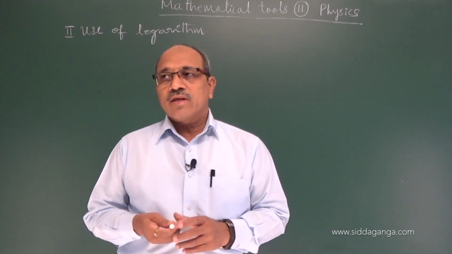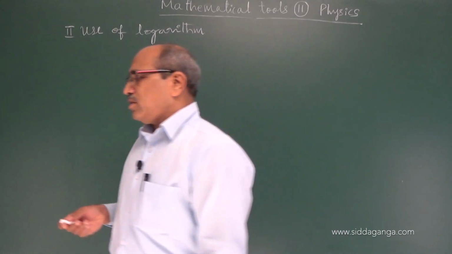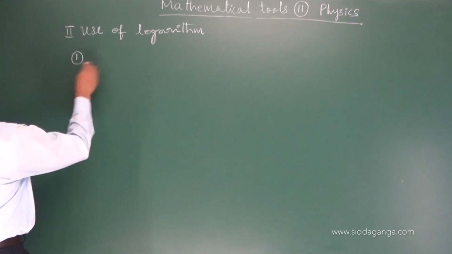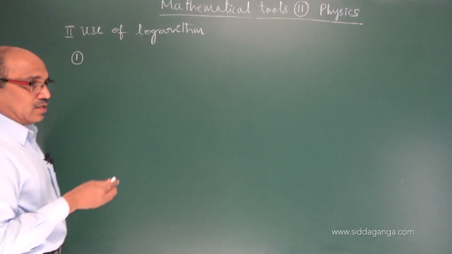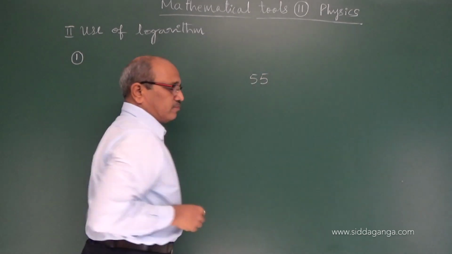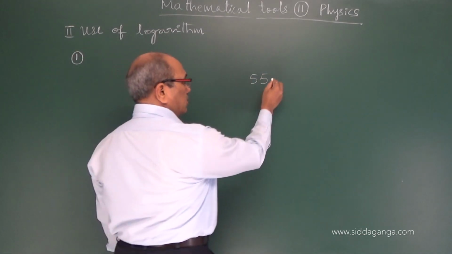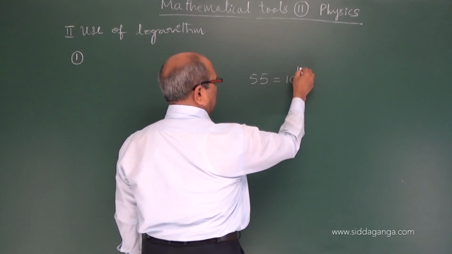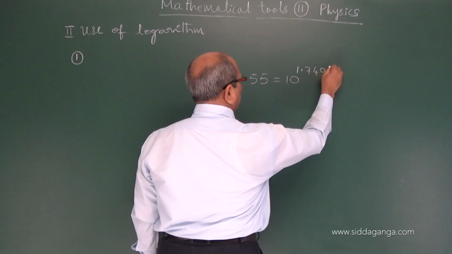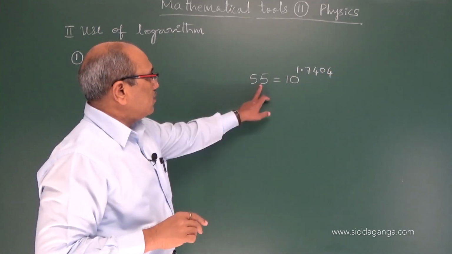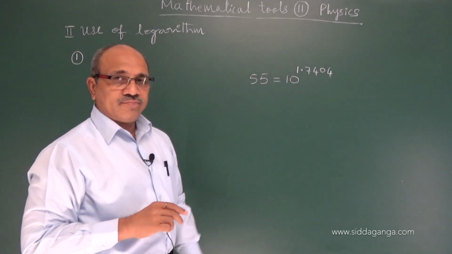So you know, in the last class I told you what logarithm means. If I write any number, for example 55, this number can be written as a power of 10. 55 is 10 power something.